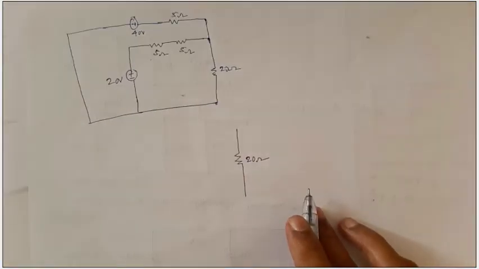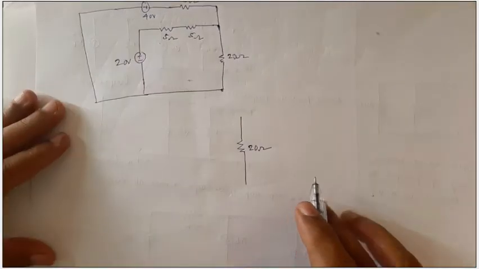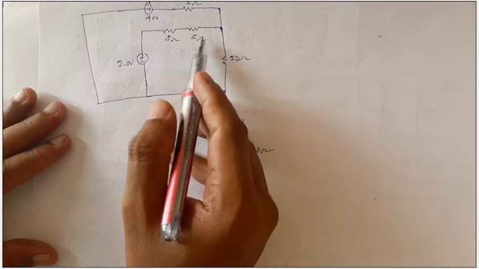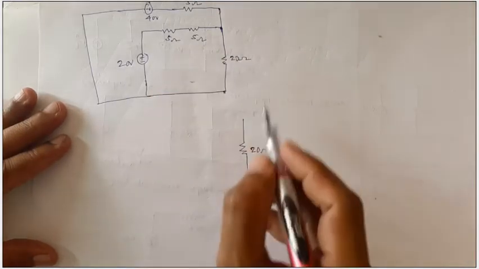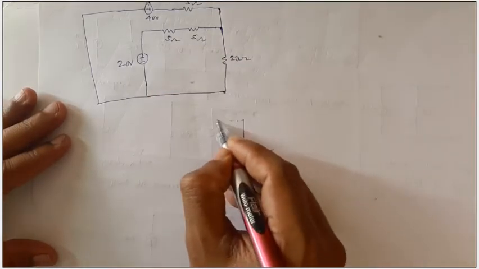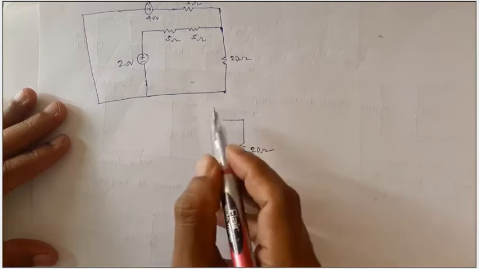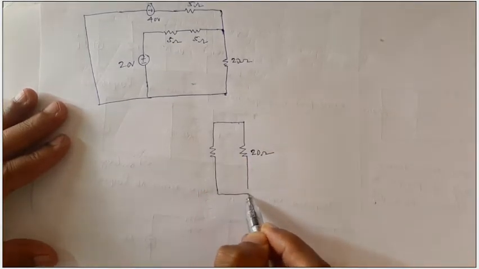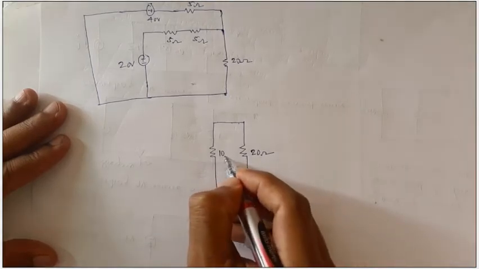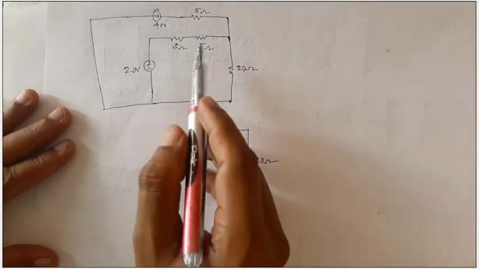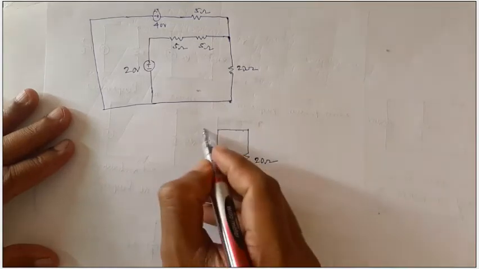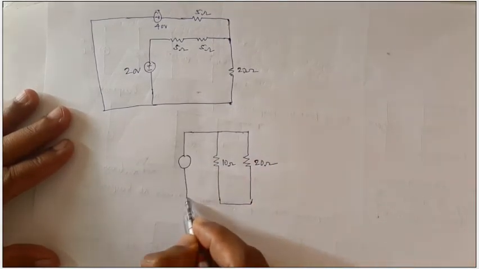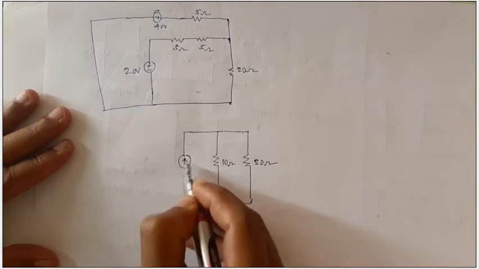This 5 plus 5 is 10 ohm, and 20 by 10 is 2 ampere. This 10 ohm resistor will be in parallel. First I will draw that. This is the 10 ohm resistor, and this is a 2 ampere current source with an arrow upward, because positive is here.